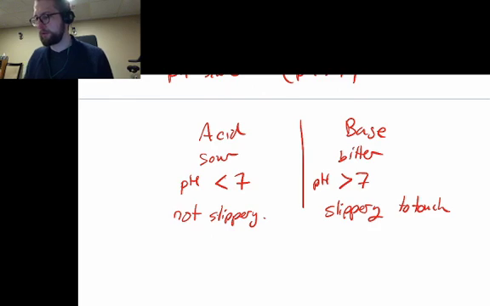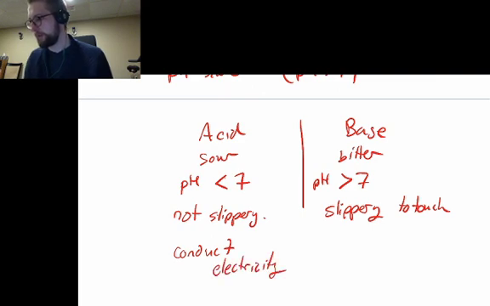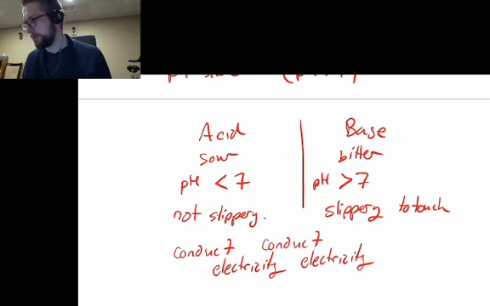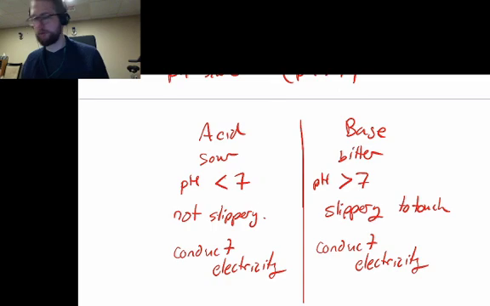So another thing we didn't talk about is that they conduct electricity, and this is also the case for bases. So acids and bases both conduct electricity. They both have charged ions. And they react with acids to neutralize.